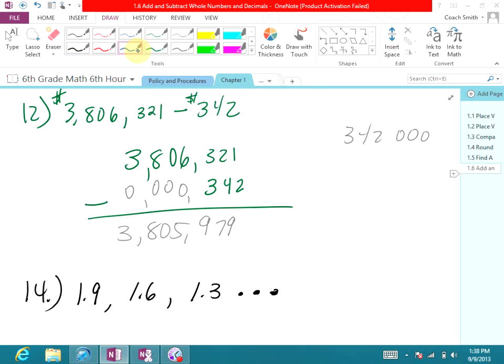Then it wants you to list the next two numbers in the pattern. Okay, well, the three dots right here means the pattern continues exactly the same. Okay, so if the pattern continues exactly the same, then what's my next number?